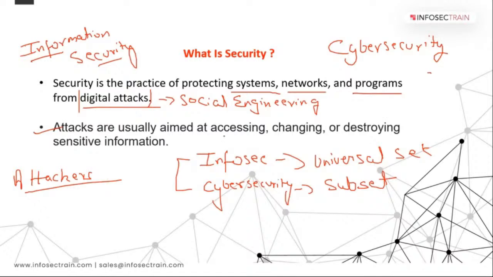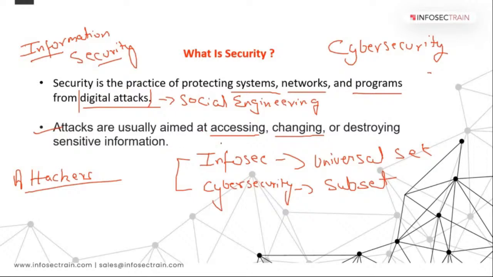Either they want to access your data, or they want to change your data so that it will be harmful for your organization, or they will destroy the data if they are not able to change it. That is the aim of the attackers, and our aim is to secure everything and not let the attackers do these things. Clear, everyone? Now this is your security.